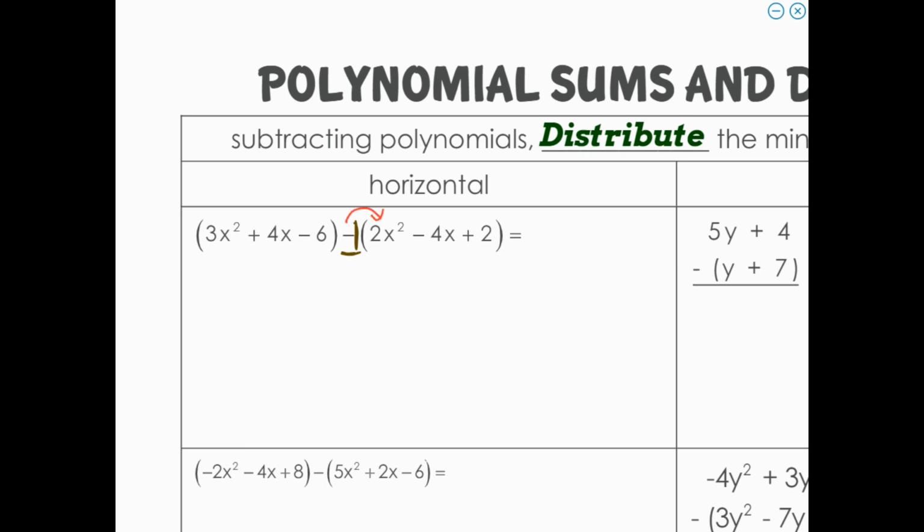Negative 1 times 2x squared makes this a negative 2x squared. Negative 1 times negative 4x makes it a positive 4x. And a negative 1 times a positive 2 makes it a negative 2.